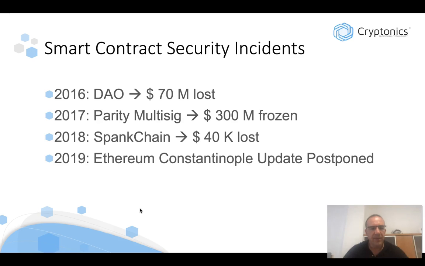And in 2017, there was an incident with a Parity multi-signature smart contract. Actually, there was a second incident involving that smart contract code base, which meant that $300 million of startups' money, or funds in general, were frozen.